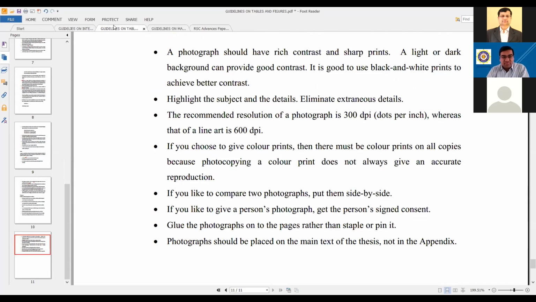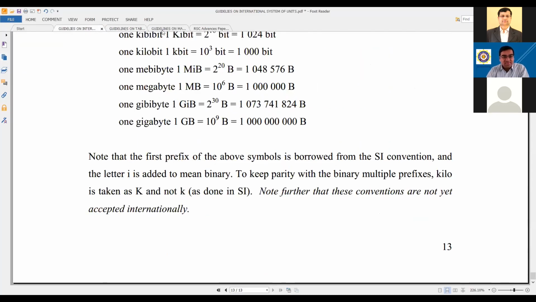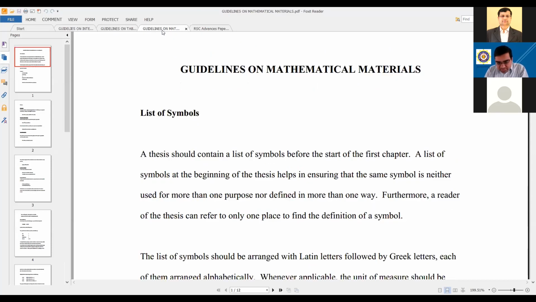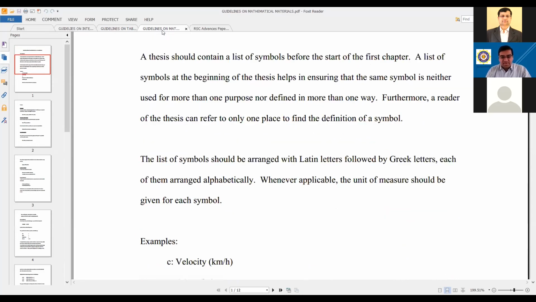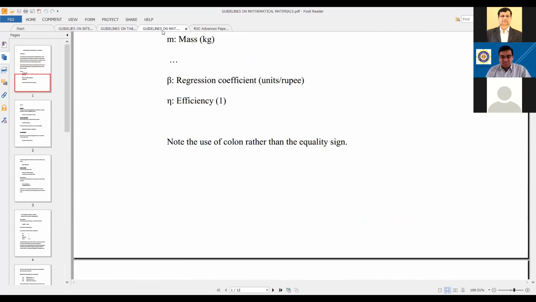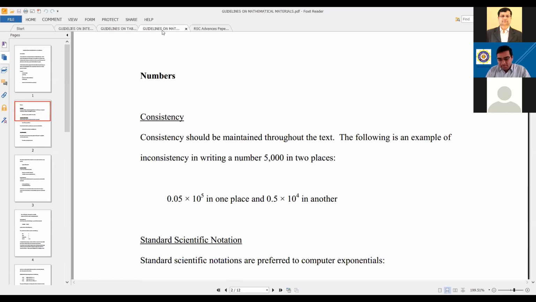For the next 5 to 10 minutes, I would like to discuss one more important thing related to mathematical materials. It will take 15 minutes. I will take those 15 minutes because these are again very, very important while writing the paper.